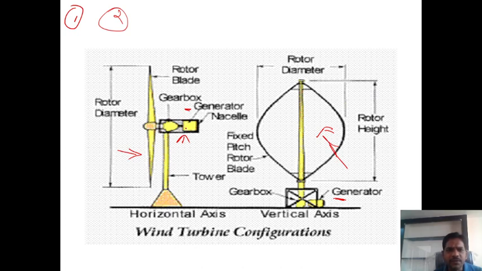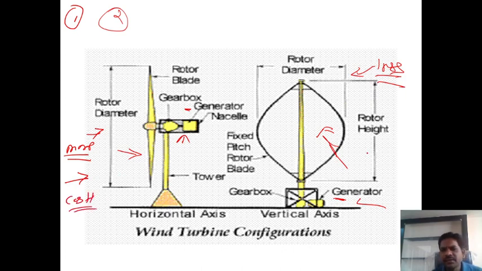Then here power generation is more, and here power generation is very low. This is a high cost wind turbine, the cost is very high. Here the cost is very low.